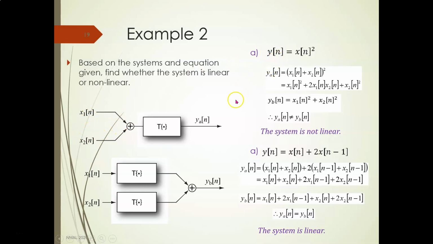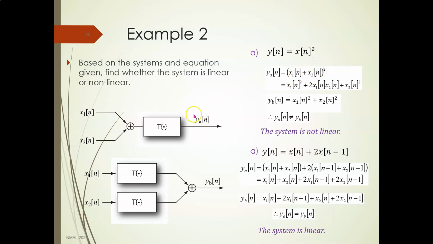First, if you draw the system, then you know how to put it in the equation. Given that yn is equal to xn squared, for the first system the output given is Yan. So Yan is equal to, the inputs have to be added together first, and only then is the sum squared. So x1n plus x2n, and then it is squared.